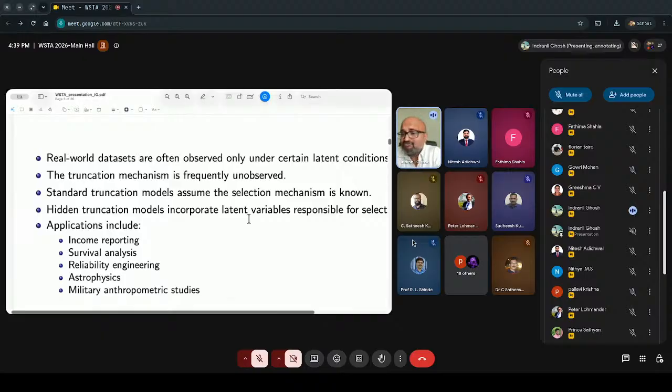Hidden truncation, how do you know that a truncation has occurred effectively? You get a sense of, okay, this might be a case of hidden truncation, but what is the truncation point? When it actually happens, that is still a big question and big challenge. So there are ample opportunities for researchers to work on this.